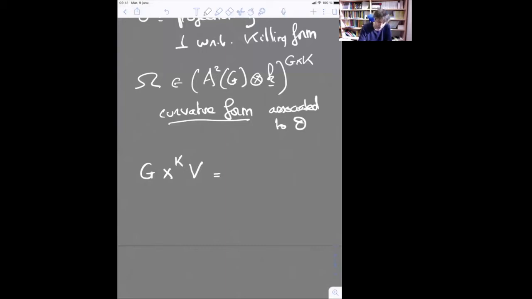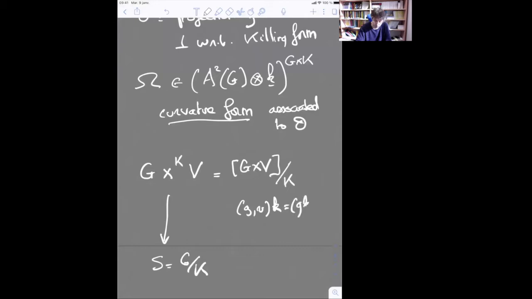In fact, this is the product of G by V quotiented by the natural K action that I will describe on G cross V, and this is a bundle over S again. The action here is given by (g, v) k equal to (gk, k^-1 v). So I take a right action.